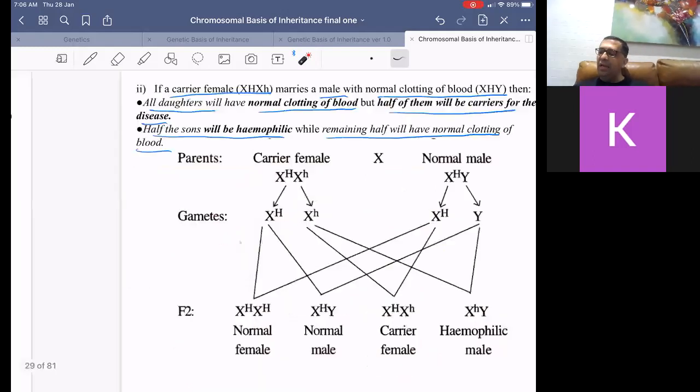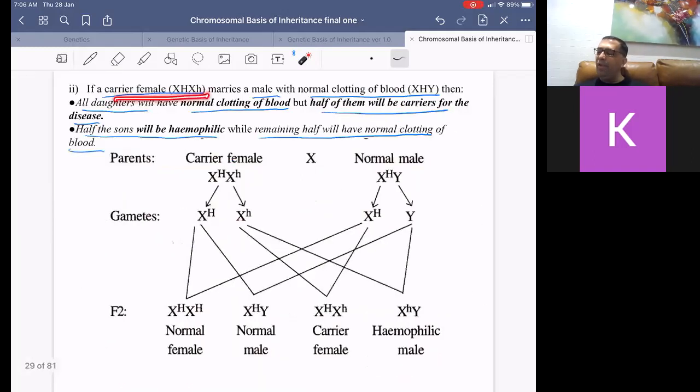And if the carrier female marries a male with normal clotting of blood, all the daughters will have normal clotting of blood. Half of them will be carriers for the disease, and half the sons will be hemophiliac, while the remaining half will have normal clotting of blood.